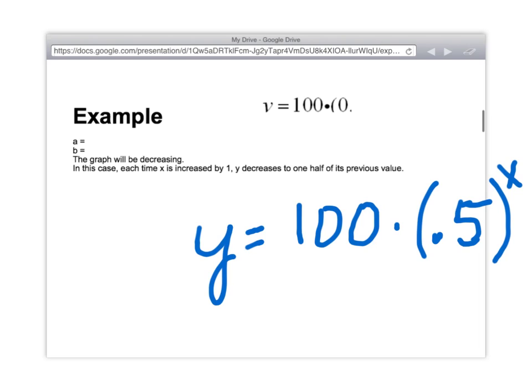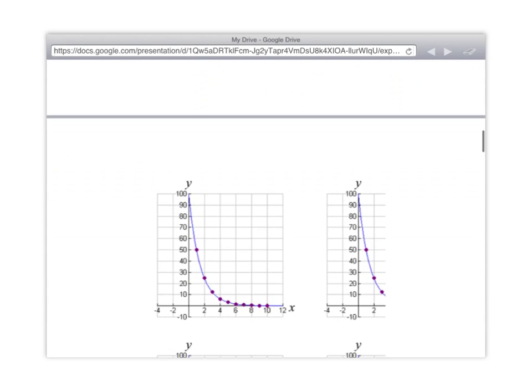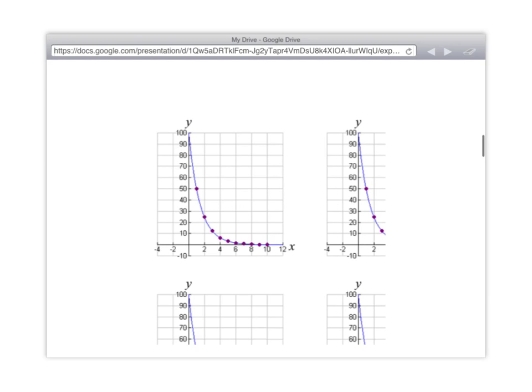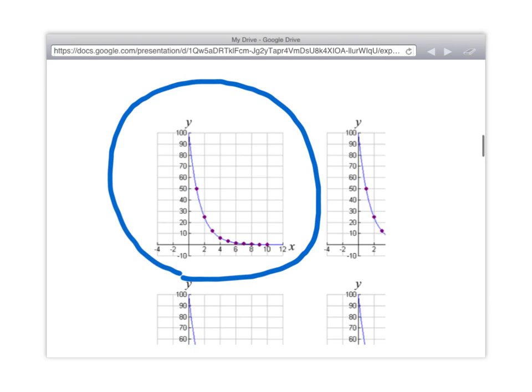A is greater than 0, b is between 0 and 1, so the graph will be decreasing. Each time x is increased by 1, y is going to decrease to 1/2 of its previous value. And the graph will look like the one in the middle. That's a graph of that function.